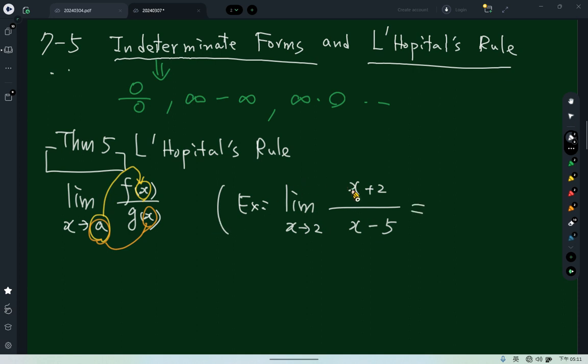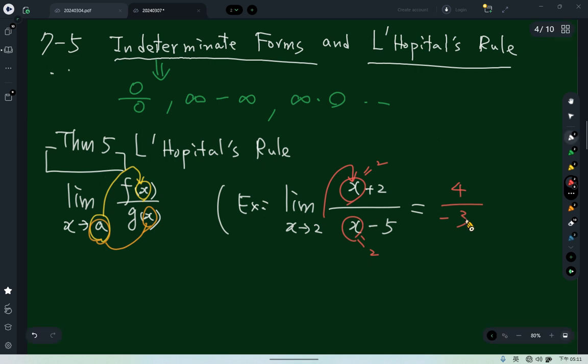Because these two functions are continuous at x equal to 2, we just replace x by 2 and the result will be 4 over minus 3.